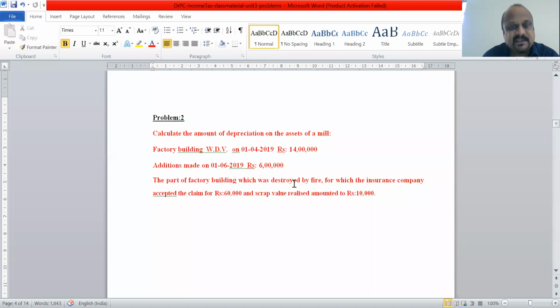Whatever was remaining of the destroyed asset was sold, and they realized 10,000 as scrap value. So this entire 60,000 plus 10,000 is nothing but liquidation. Liquidation in the sense that some asset got destroyed and the person received compensation for that. So let us see how to calculate depreciation for this.